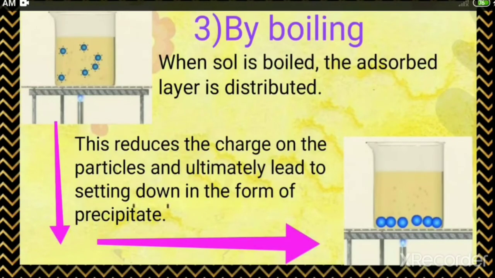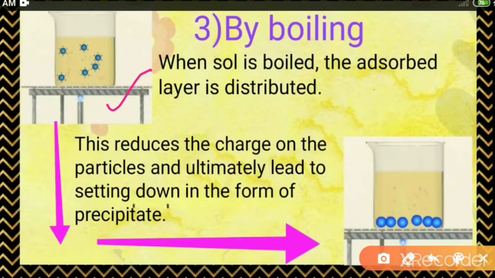Next is boiling. When we boil the colloidal solution, which is shown in this figure, it is observed that the adsorbed layer gets disturbed. We have already discussed that the charge on the sol is due to the adsorbed layer, which gives the charge on the particles. So when we do excessive boiling, this charge will get disturbed.